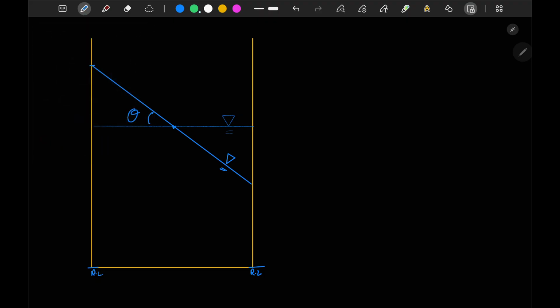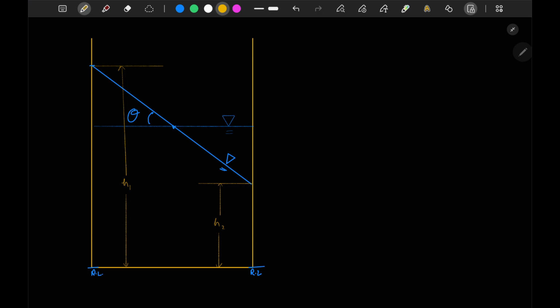Let me mark it here. This distance is h1. Similarly, this distance is h2.